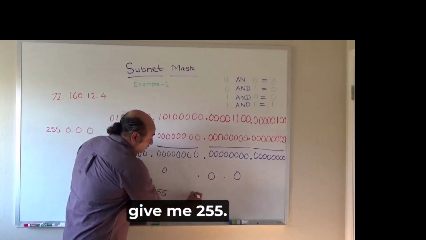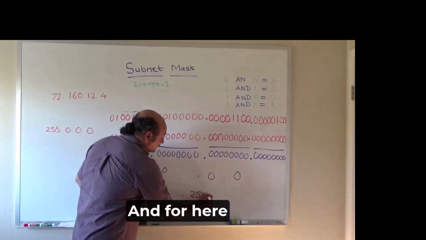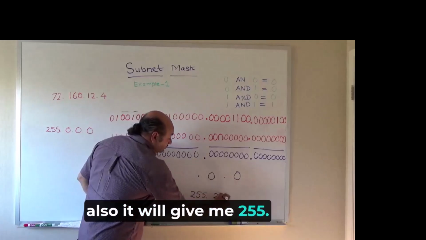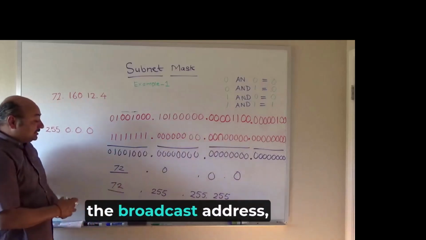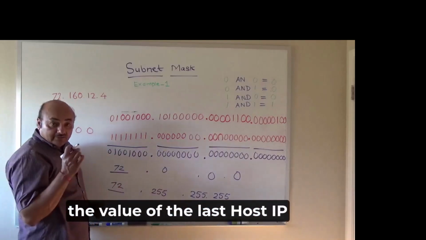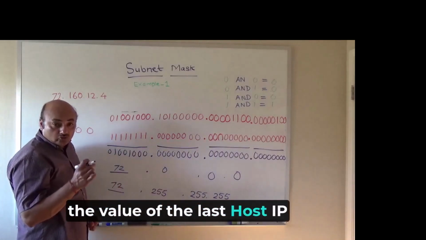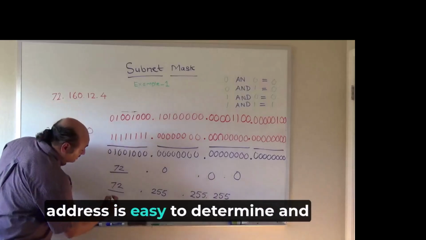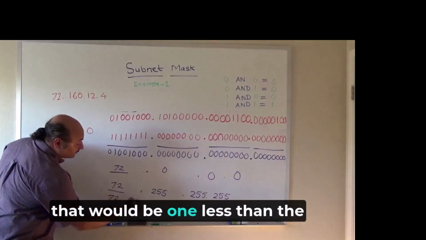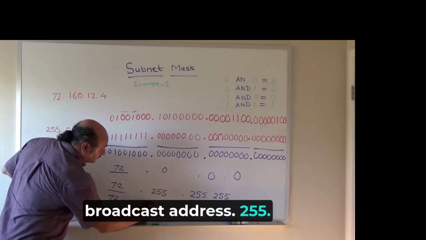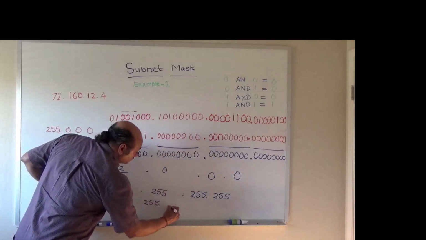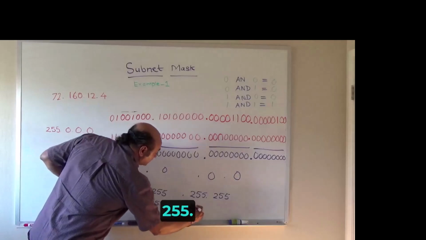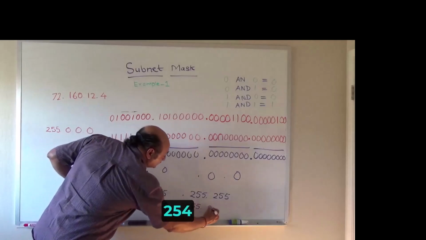Here also it will give me 255, and here also it will give me 255. Now that we have determined the broadcast address, the value of the last host IP address is easy to determine, and that would be 1 less than the broadcast address, 255.255.254.